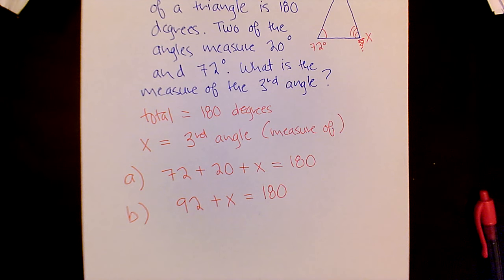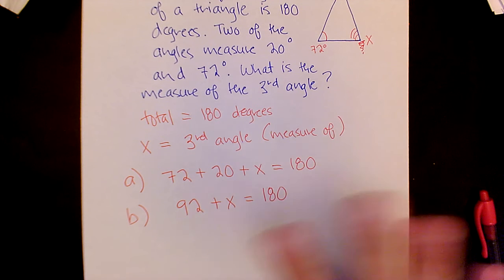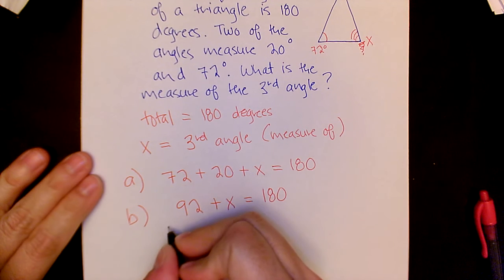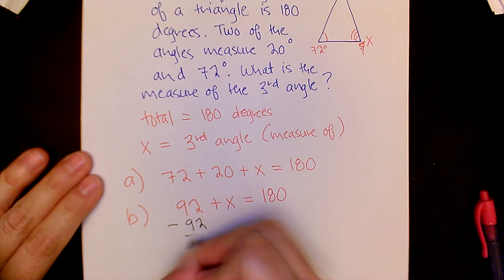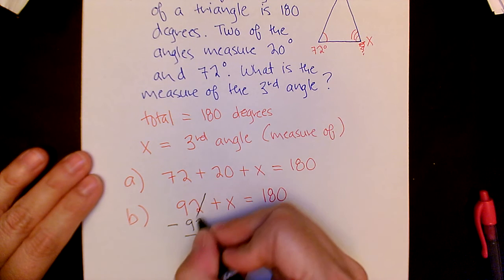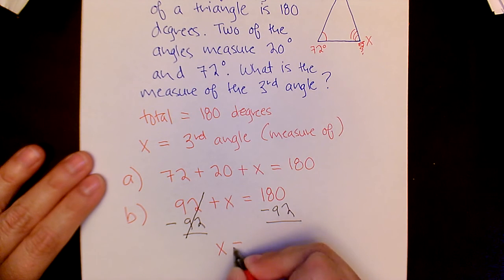No, I sure don't. But I've got my x on one side, on the left-hand side, and now I need my numbers all on the right-hand side. So can I get rid of that 92? How would I do that? I'm going to subtract 92 from both sides. 92 minus 92 goes. The x comes down.